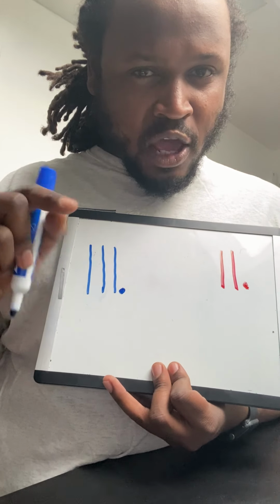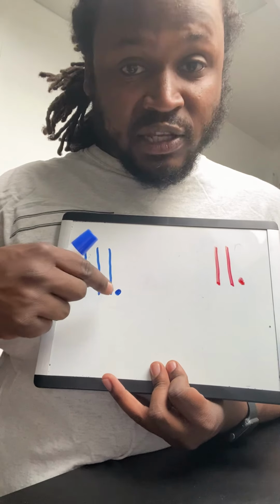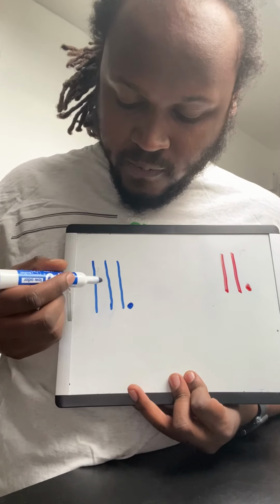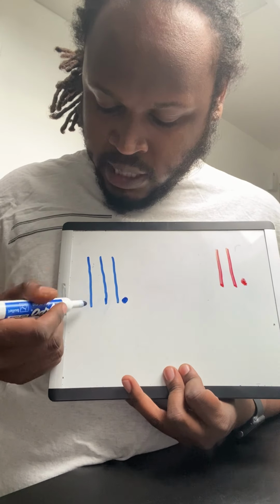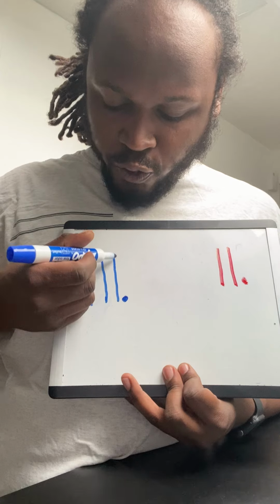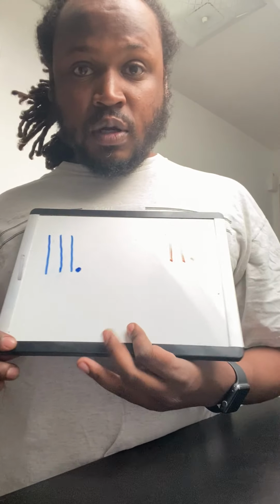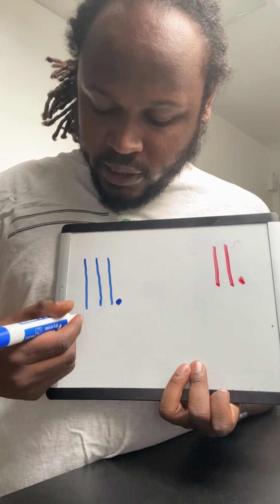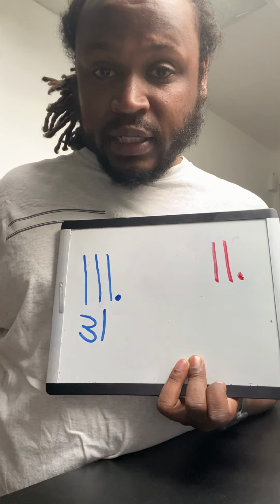So make sure that you count your groups of tens by tens, and then if you get to your ones, you can't count by tens anymore. Then you have to count by ones, okay? Some people were mixing that up, all right? So it's 10, 20, 30, 31, all right? So we have 3 tens, 1 one, and the number 31.